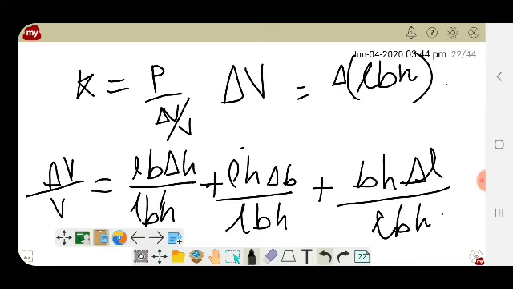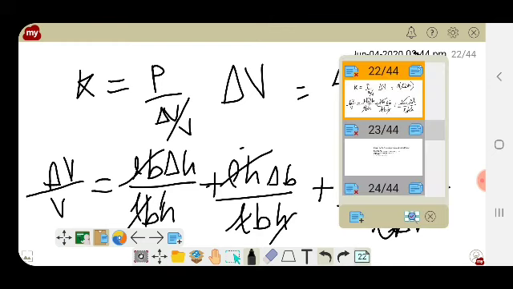From this, delta V by V is delta H by H plus delta B by B plus delta L by L.